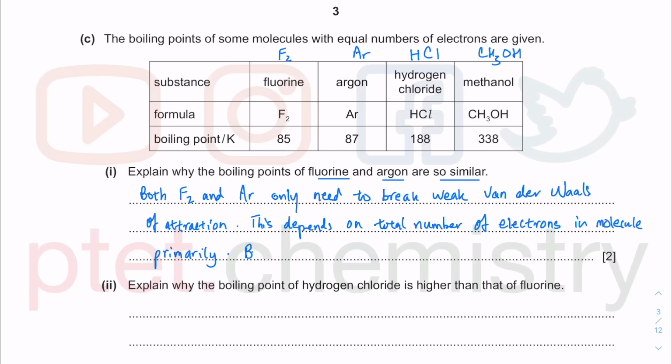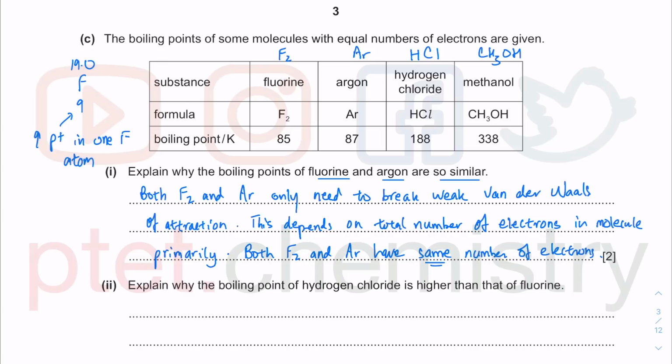And both F2 and argon actually have the same number of electrons, because if you look at fluorine in your periodic table, 9 and 19.0, so there are 9 protons in one fluorine atom.